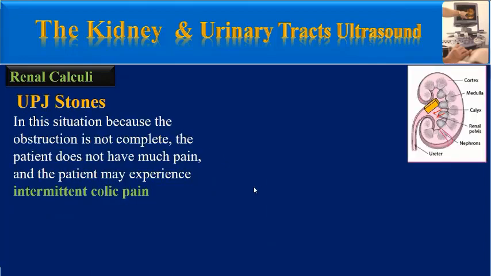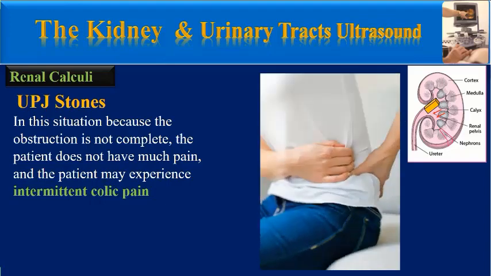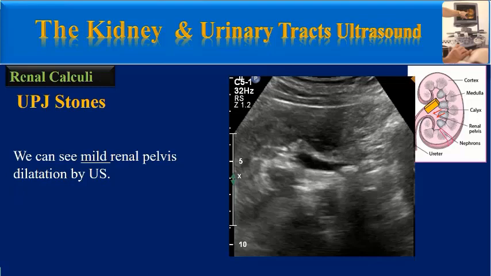In this situation, because the obstruction is not complete, the patient doesn't have much pain, and may experience intermittent colic pain. We can see mild renal pelvis dilatation by ultrasound. As you can see, this is the renal cortex, the renal pelvis, the UPJ stone, and this is renal pelvis dilatation.